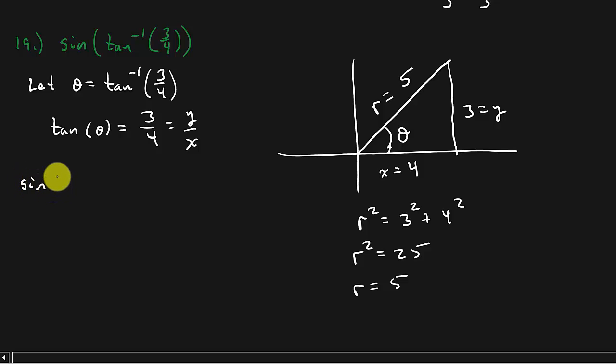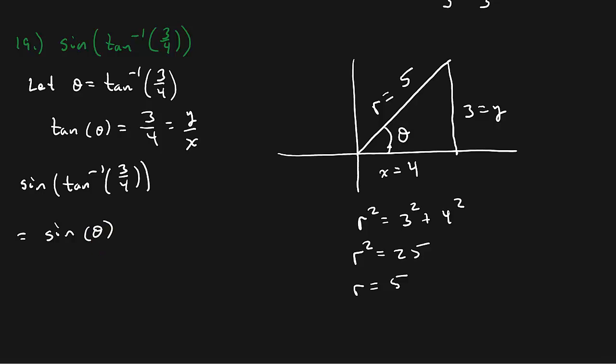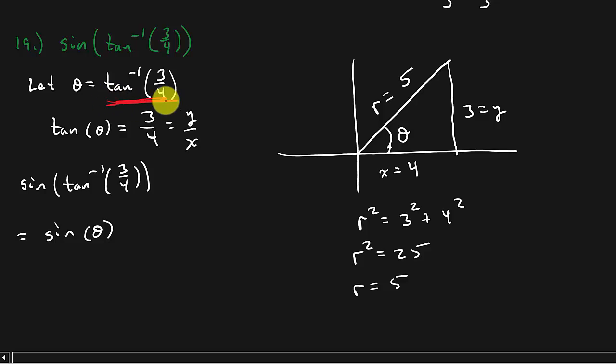All right. So we've got sine inverse tangent of 3/4 is equal to sine theta. Right? How did I get that? See this inverse tangent 3/4? What is inverse tangent 3/4?